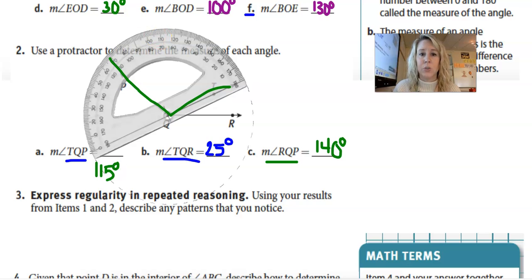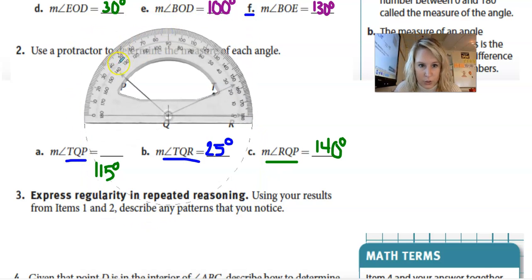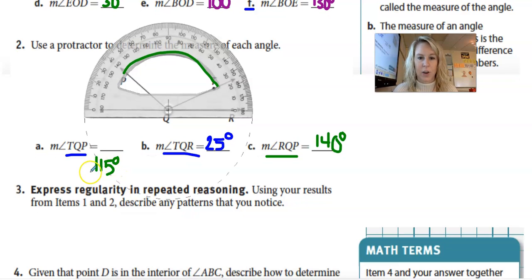You can totally rotate your protractor to figure this out. We could have also counted from here to here and subtracted those numbers. Up to you. All right, so I have 115, 25, and 140.